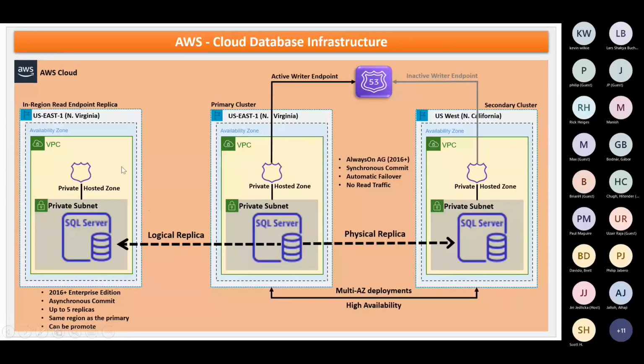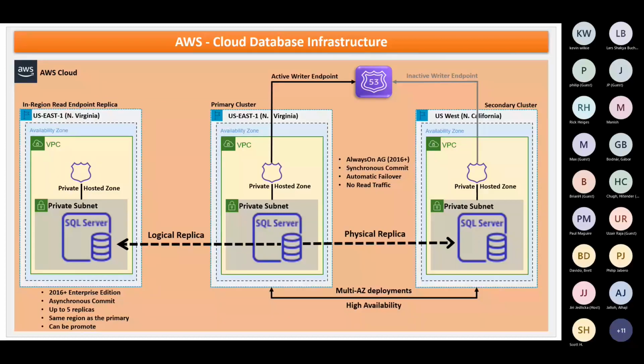So it is the same architecture. The downside is it should be under Enterprise Edition, and it is asynchronous, and you can have up to five replicas. So if, of course, cost is not an issue, guess what happened? You can boost performance because all reads will go to that in-region read endpoint replica instead of going to your primary cluster.